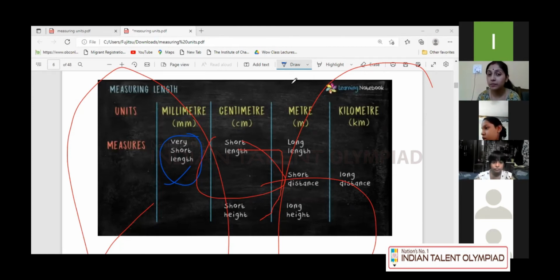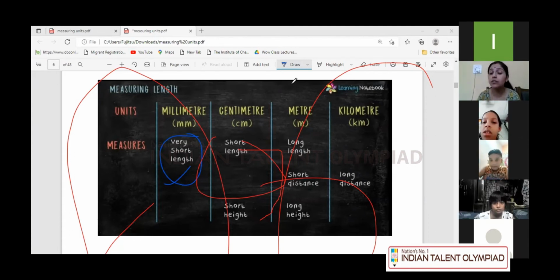If you measure in millimeters, it becomes very difficult for you to remember that number. For that purpose, we will measure in centimeters. Yes, we will measure in a centimeter. Okay.